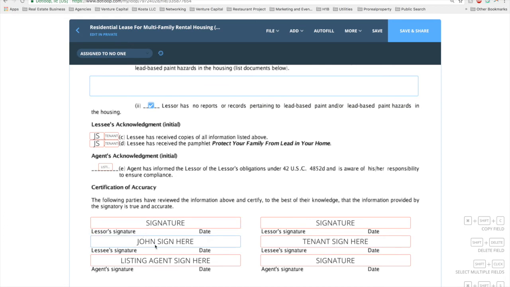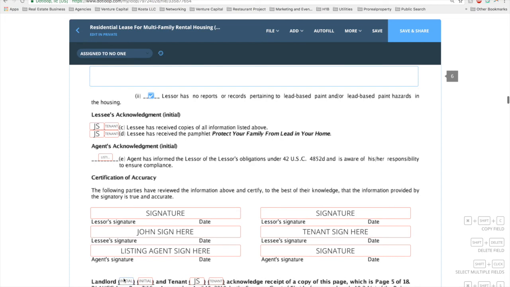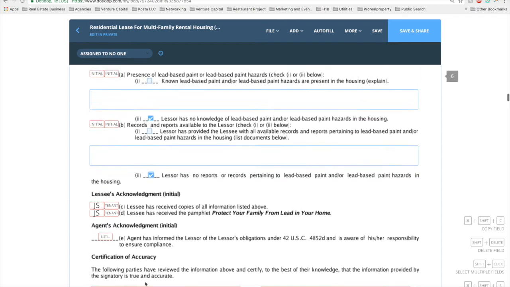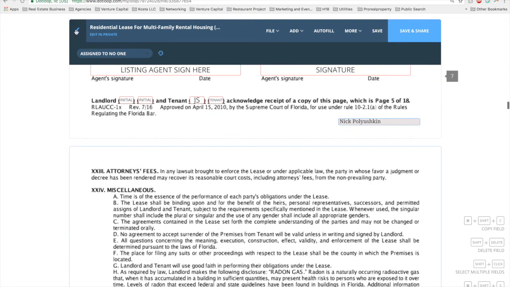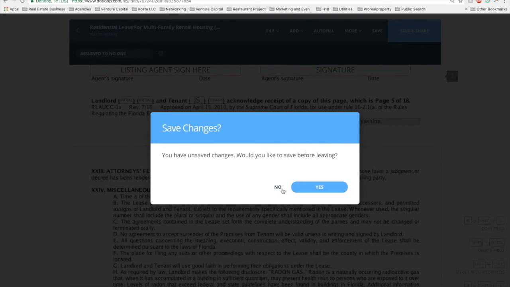So here we have lessee signature, in our case it's John. Here we have lessor signature, and if it was 2 tenants on the lease, this will be another lessee signature, and both agents have to sign here as well. Landlord, tenant, initial on that page too. So, and to make sure, let's save it before we go back.